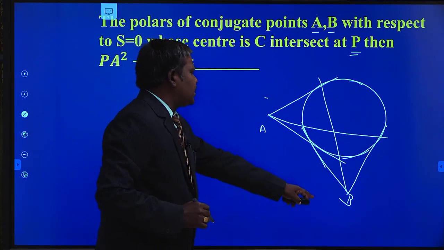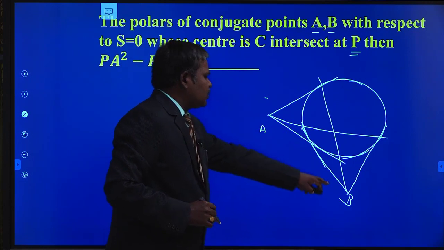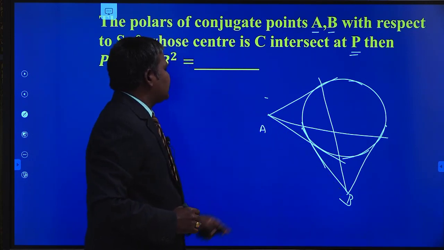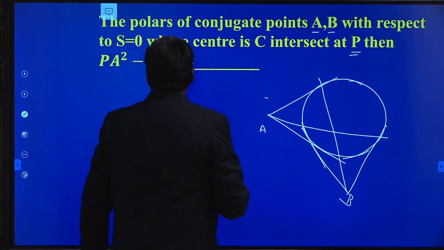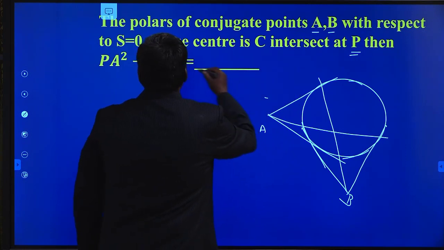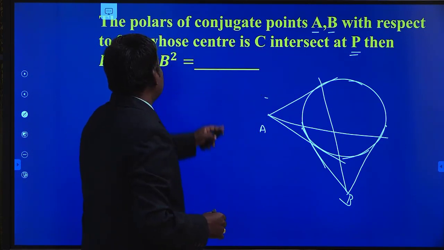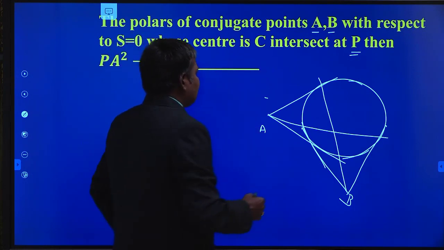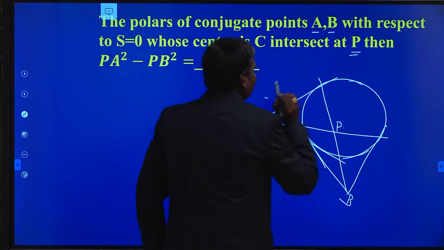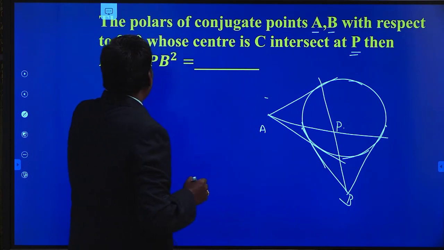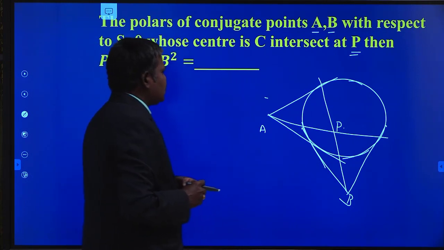These are conjugate points or not? The polar of A passing through B as well as the polar of B passing through A intersect at P. Then we have to show that PA square minus PB square is something.